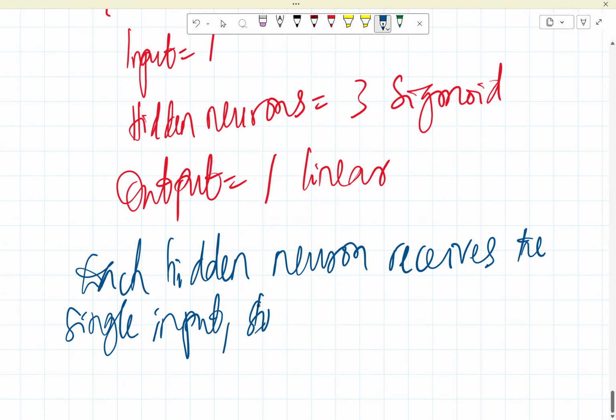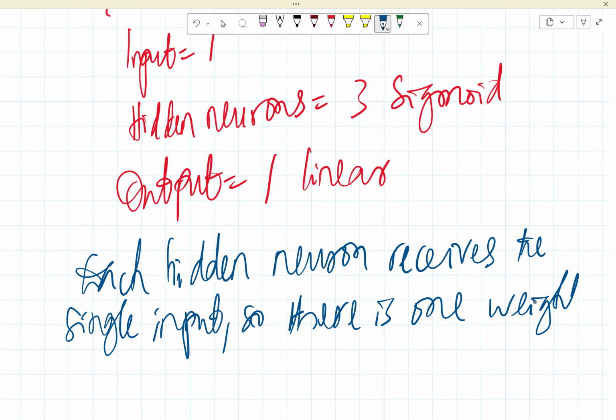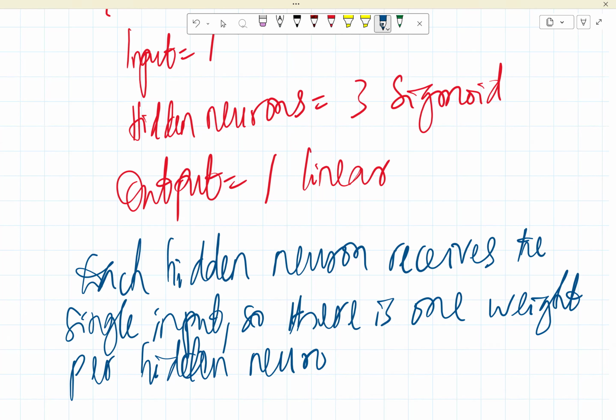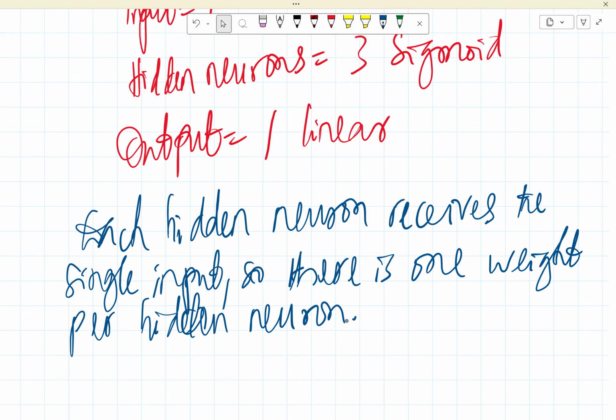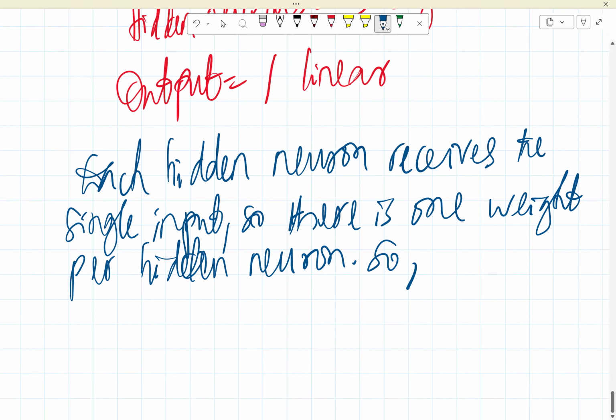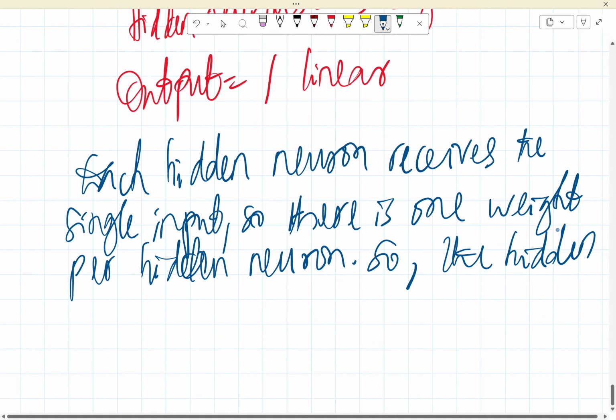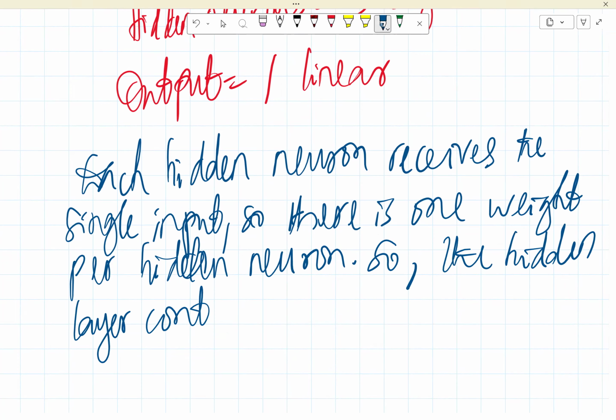So there is one weight per hidden neuron. So the hidden layer contains three weights.